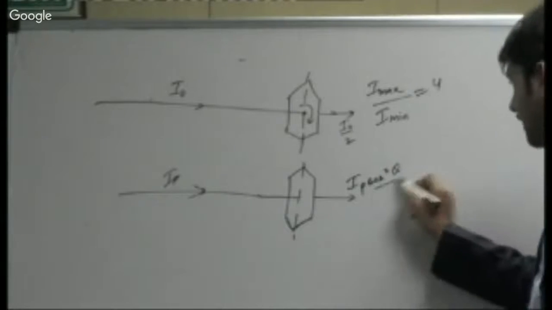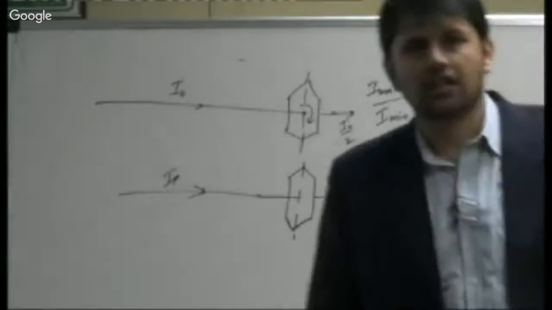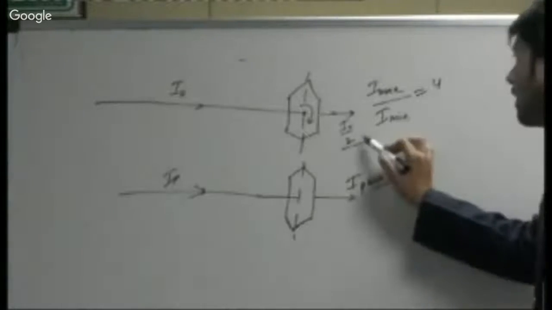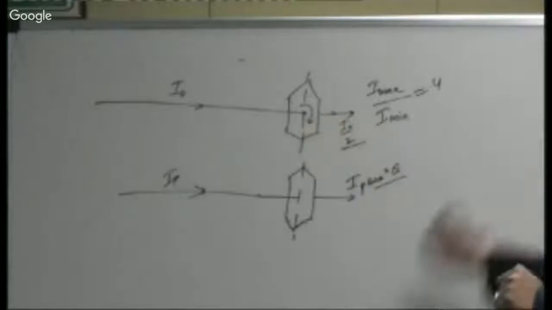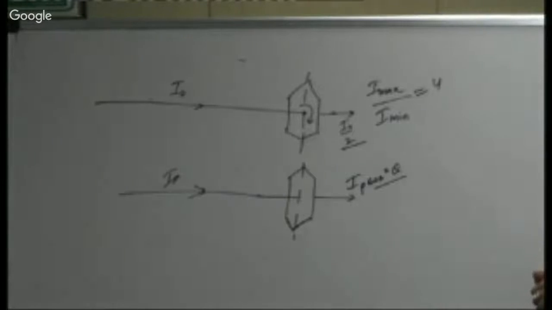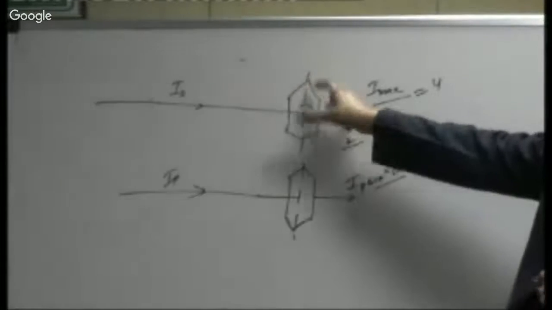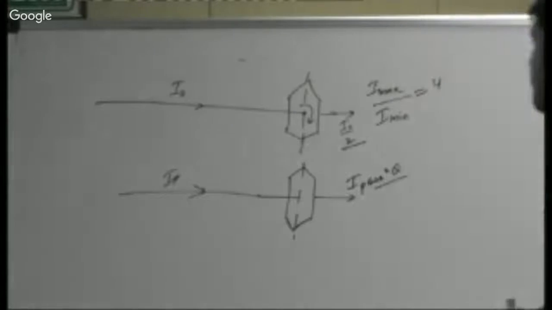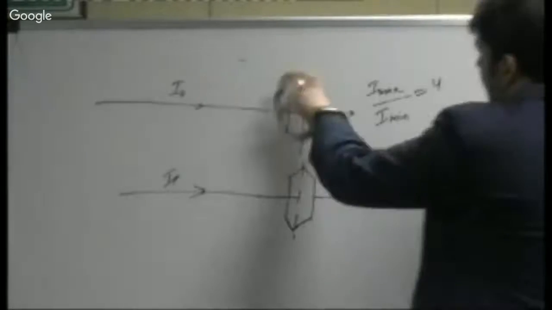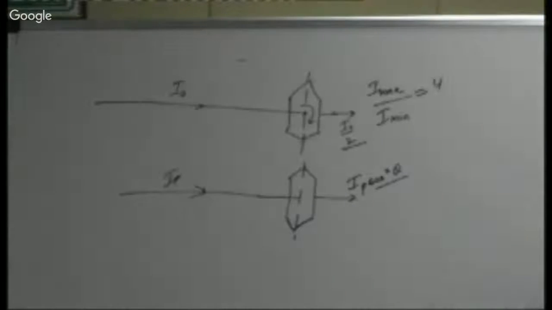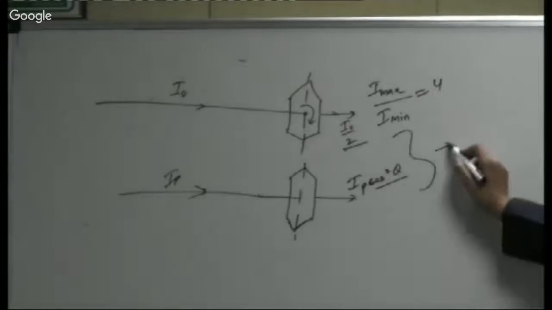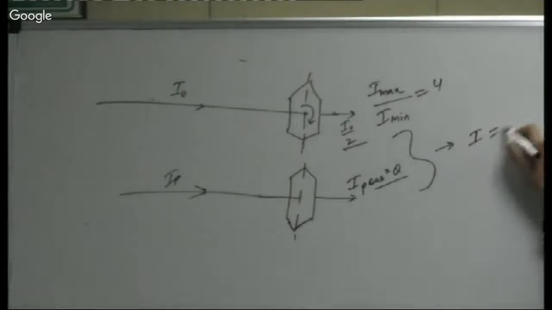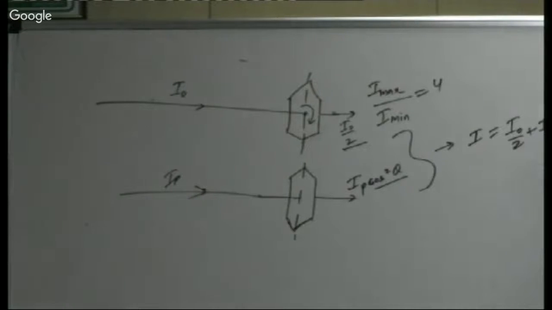This will increase or decrease, but not the intensity coming out from the unpolarized light. Whatever the orientation of the transmission axis, only half of the unpolarized light comes out. So the total intensity would be I naught by 2 plus I_P cos square theta.